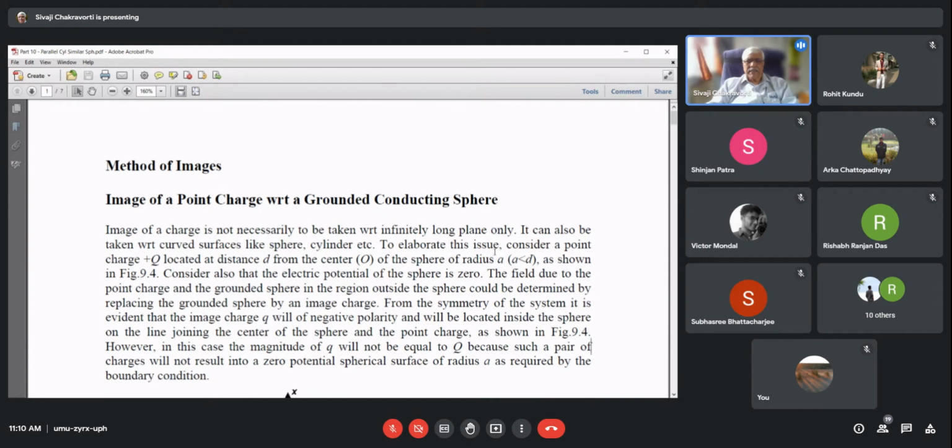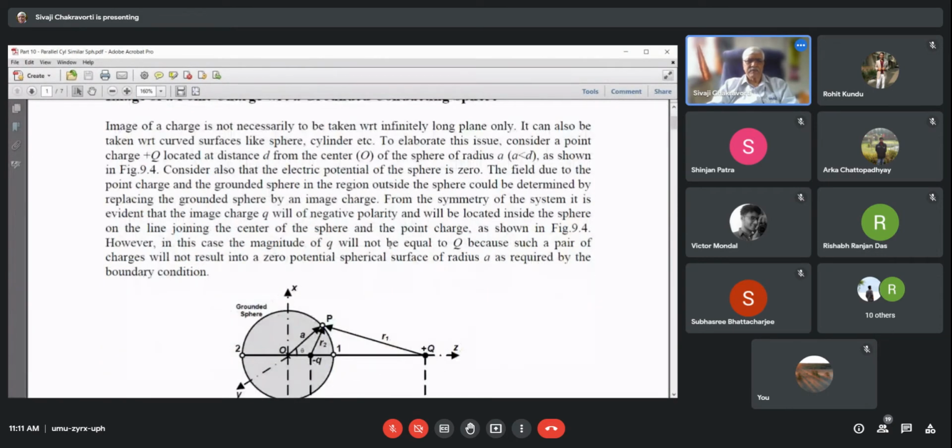So this sphere gap arrangement, can I analyze it with the help of method of images? That's today's first topic, so that I give you a practical aspect of what you are discussing. Don't take it just as mathematics. This sort of analysis is there, but it has practical implication.